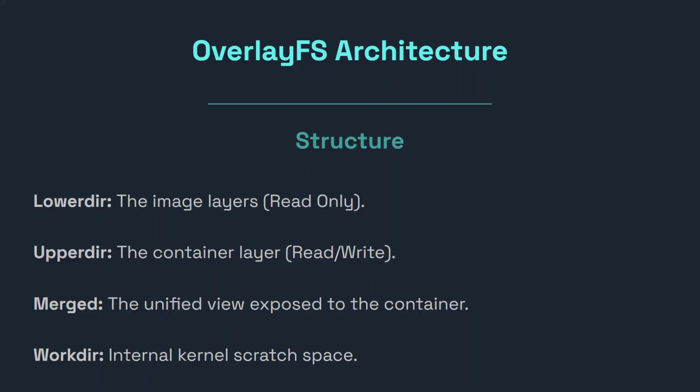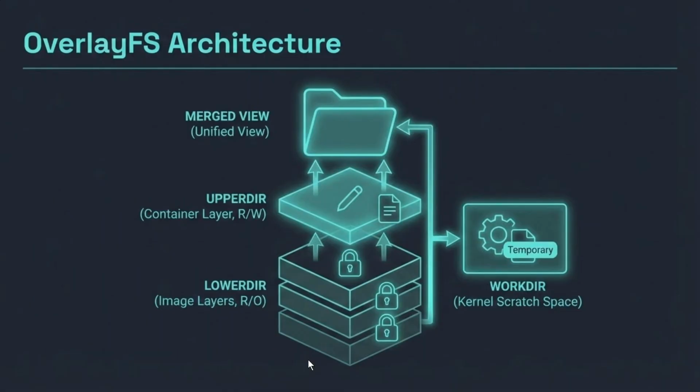The overlay file system. The overlay FS architecture is a common implementation of the Union file system. Its key structure components are lower directory, upper directory, merged view, and the work directory. Let's see how it works.